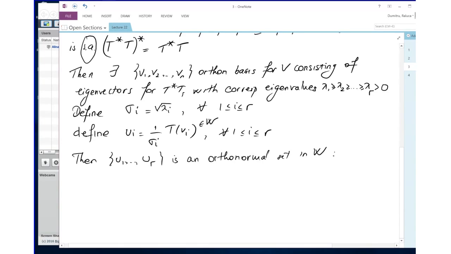I might not have enough vectors to get a basis because the dimension of W is m, right? So I'm not trying to check that u1 through ur will form an orthonormal basis. I just want to check that those r vectors are forming an orthonormal set.